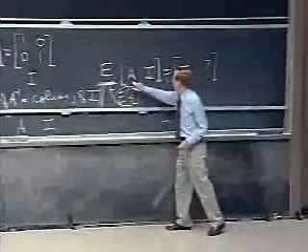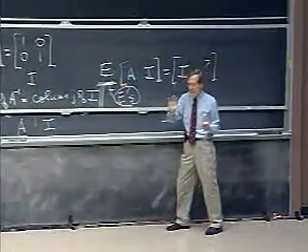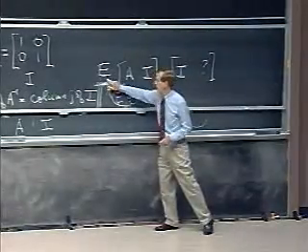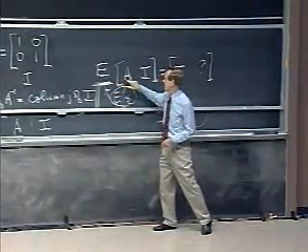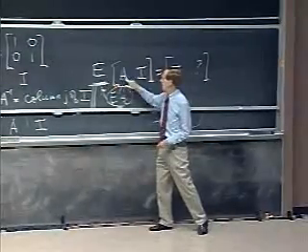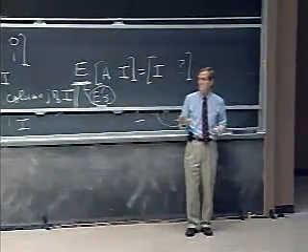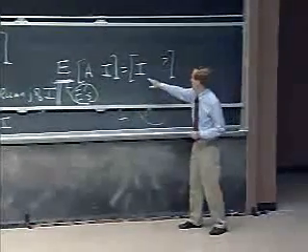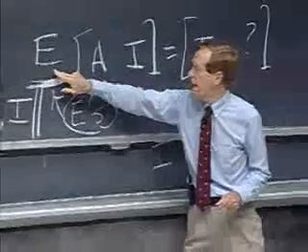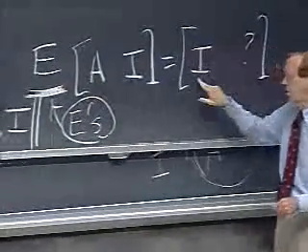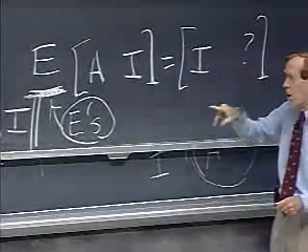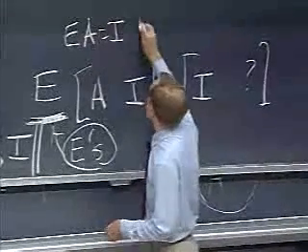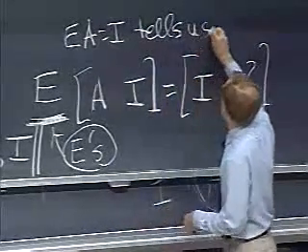If E multiplied A, whatever that E is, we never figured it out this way. But whatever that E is, what's E times A? It's I. That E, whatever the heck it was, multiplies A and produced I. So EA equaling I tells us what E is.